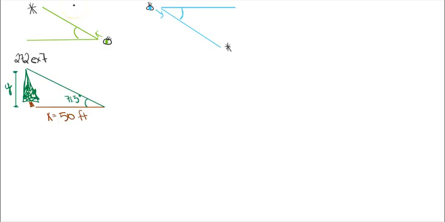Okay, so I've drawn a little picture similar to what's in your book. It tells us that the surveyor, the little person, which I forgot to draw, is standing here at 50 feet away from a tree. And we know that his eyeballs have to look up, or from ground level, he has to go up. Not from his eyeball level, but from his ground level. He goes up 71.5 degrees to look at the top of the tree, or his instrument will go up that high to the top of the tree.